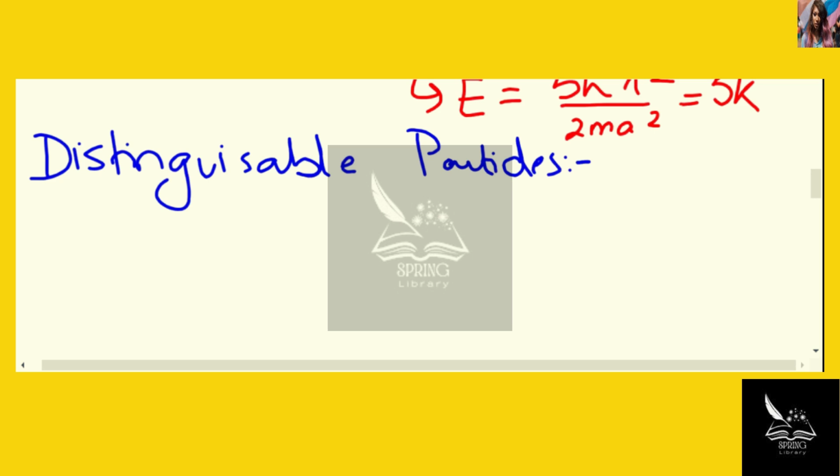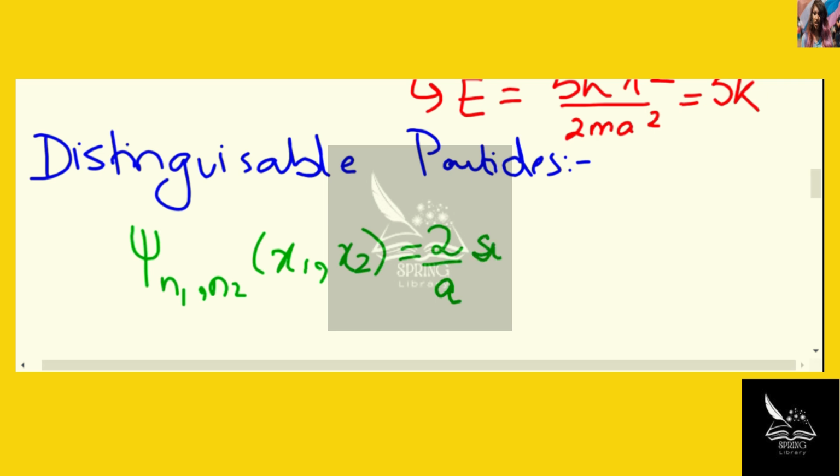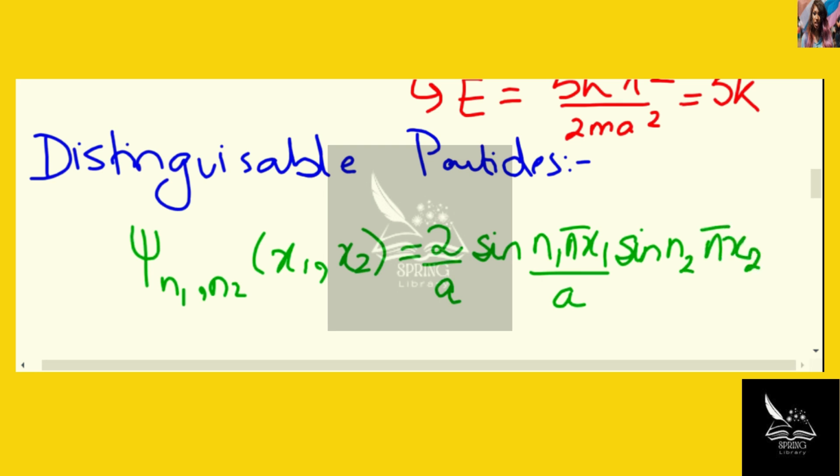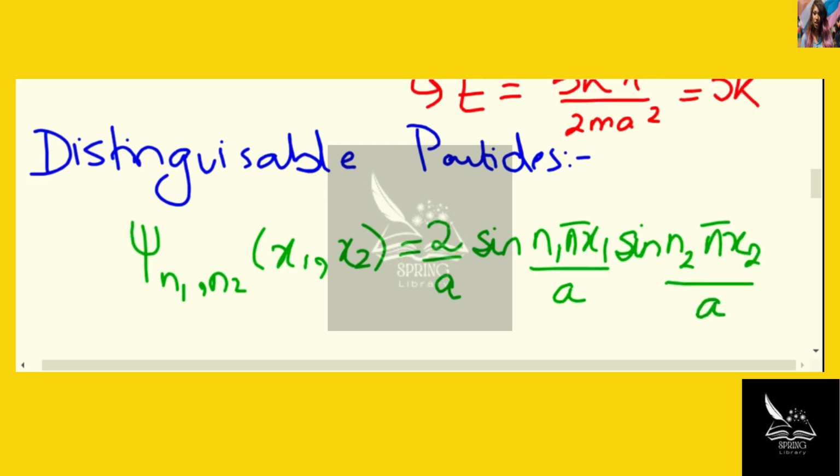For distinguishable particles, we write the total wave function as a product of wave functions: ψ n1 n2 (x1, x2) equals 2 divided by a, sine n1 pi x1 divided by a times sine n2 pi x2 divided by a.